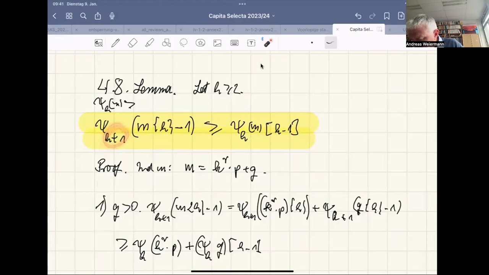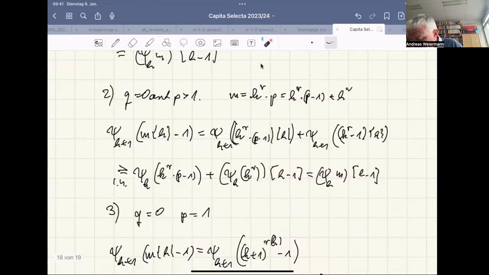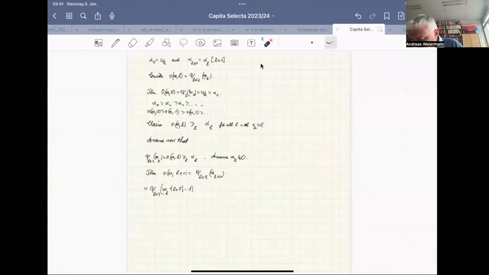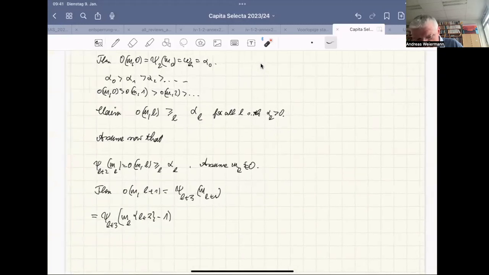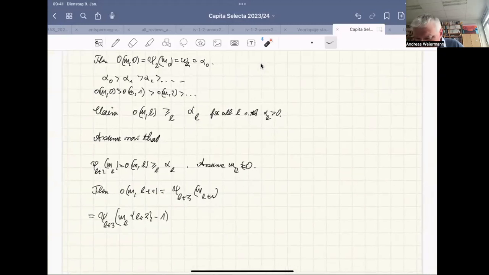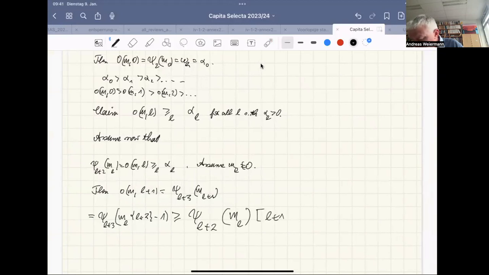And here's pk plus 1, and here is pk. Now if you apply this, we get what? This is at least as big as. So the index here goes 1 lower. Here we go to ML and take the result and have to evaluate it with L plus 1. That's by the lemma.